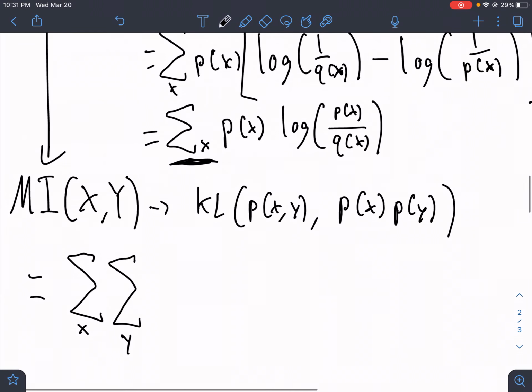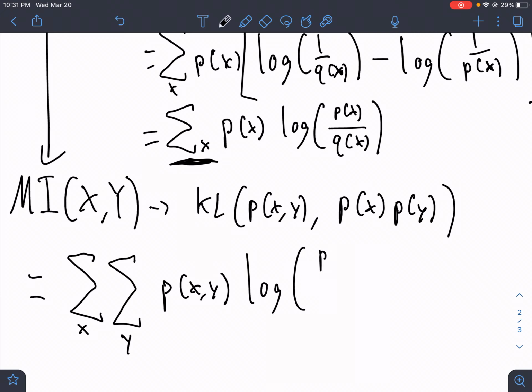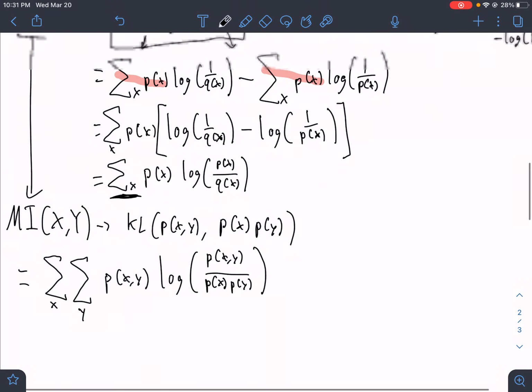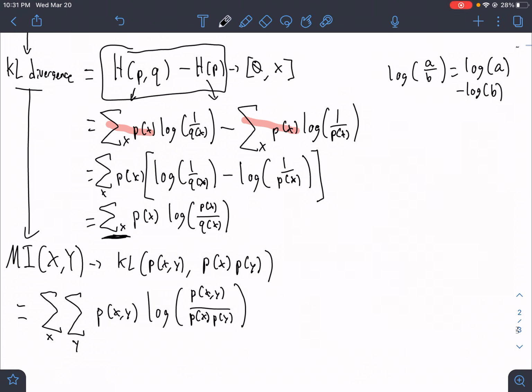Then let's do P of x, y, log P of x, y over P of x, P of y. And that is our formula for mutual information. Now remember, this is the KL divergence between P of x, y and P of x, P of y.